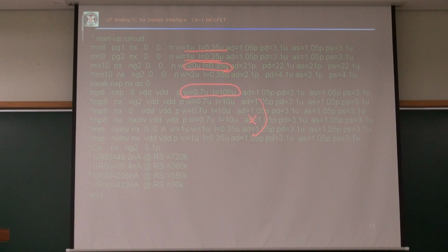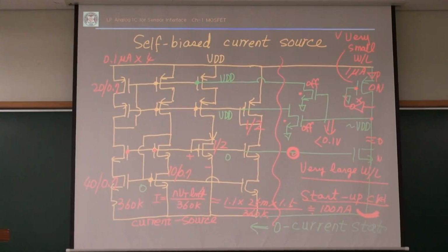Sometimes, if you have some stability problem, like those current waveforms, you can put some capacitor. Let's just see. Yeah, 21 by 0.35. For the startup circuitry, this is a 1 by 0.35 minimum size device, right?